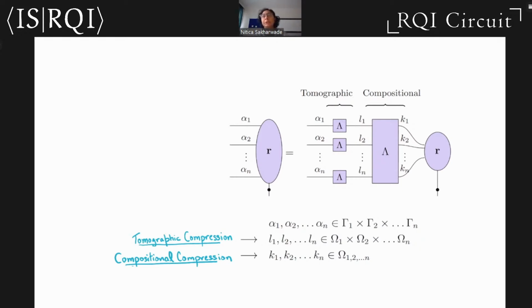If you compose 2 CPTP maps, the resulting CPTP map will be described with fewer elements. On the other hand, if you have 2 channels composed in parallel, then the number of parameters to describe this composed CPTP map is just the multiplication of the original 2, which means that compositional compression is non-trivial when you have some causal adjacency between these regions.